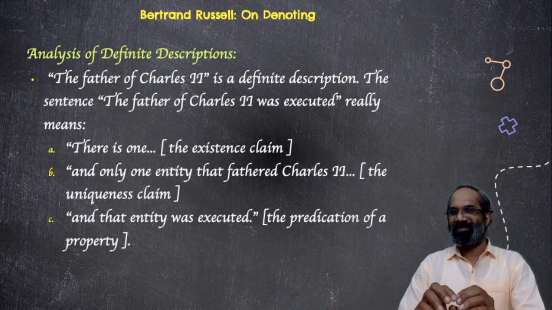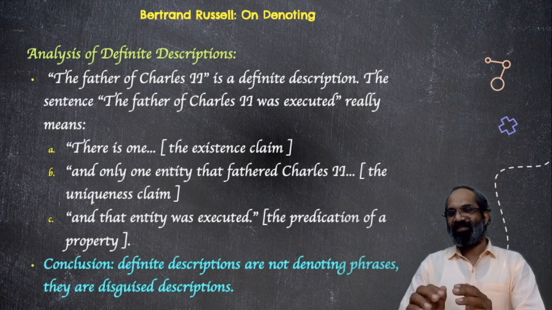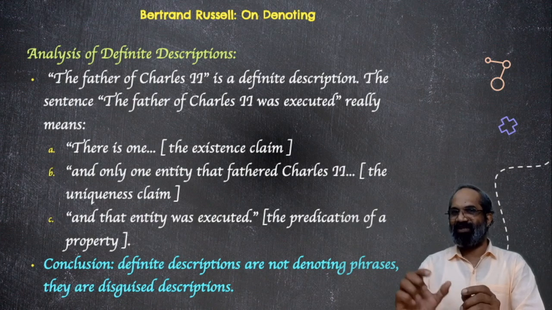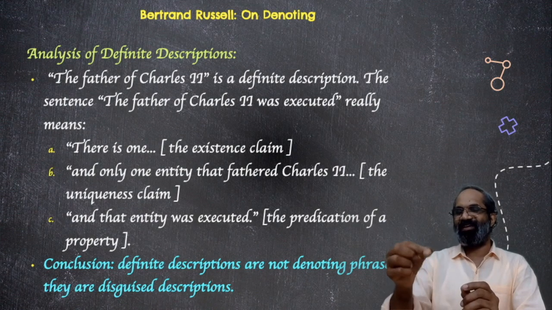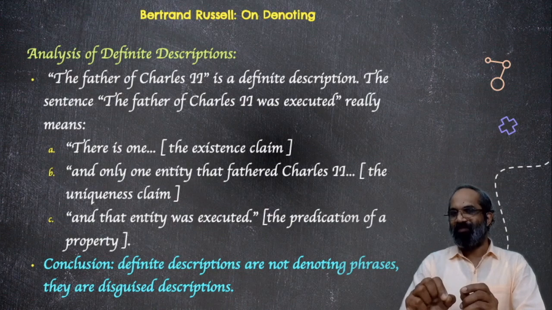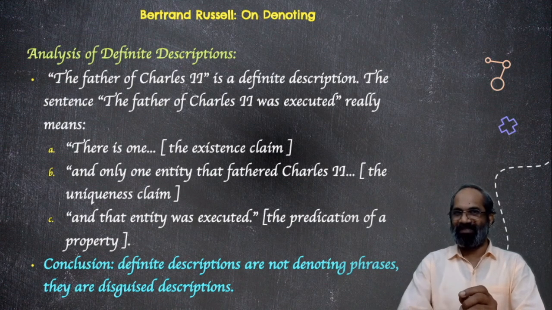So three claims, and here we can conclude that definite descriptions are not denoting phrases, they are actually disguised descriptions. "The father of Charles II" is not directly a tag attached to a person, but it has three specific meanings. So it's a disguised description, not just directly denoting some object.